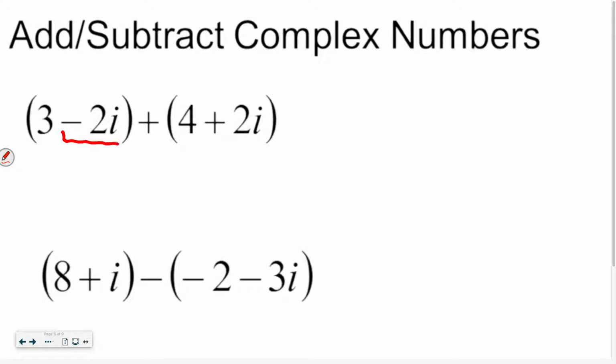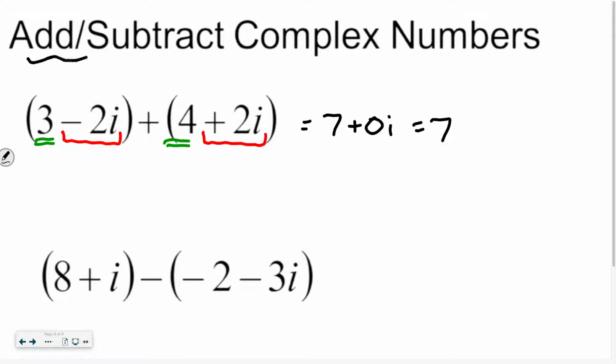Okay, negative 2i plus positive 2i is how many i's? 0 i's. And then 3 plus 4 is 7. So sometimes complex imaginary numbers might add together and make a real number if all the imaginary parts disappear.